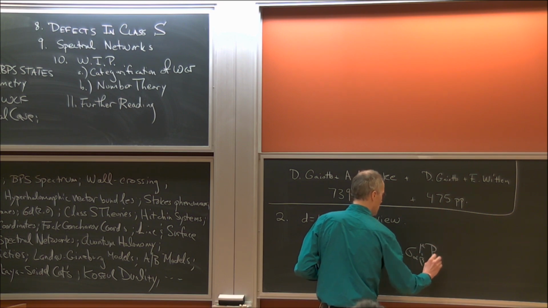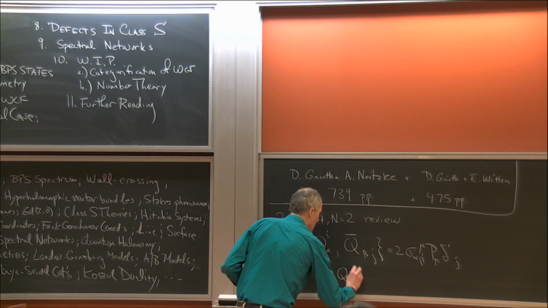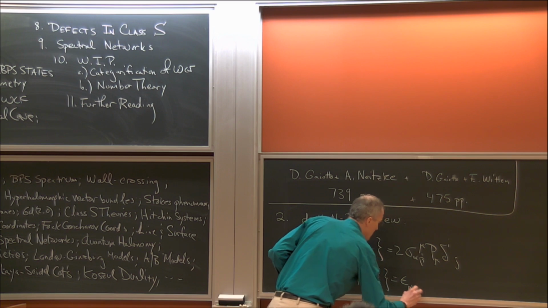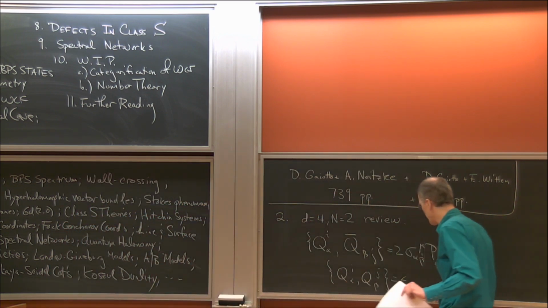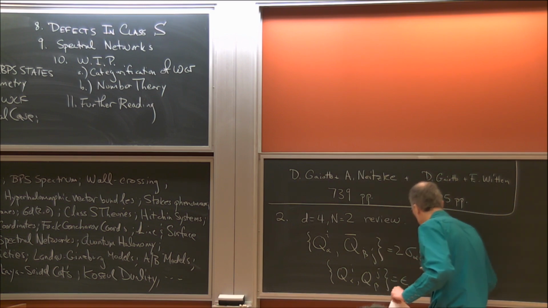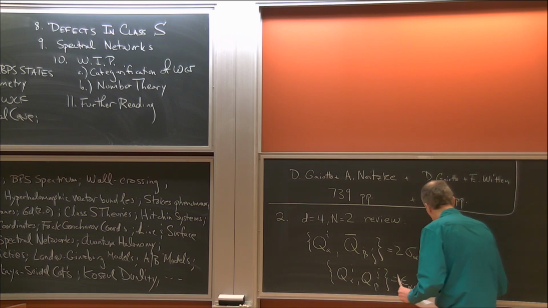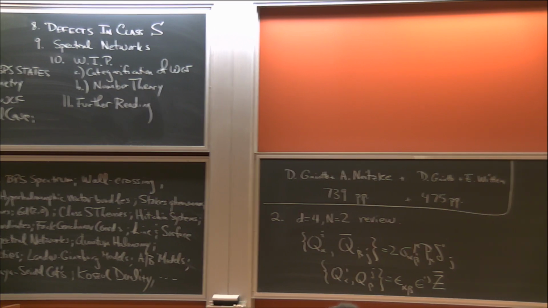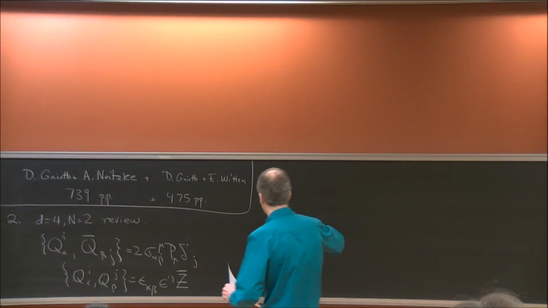We've got this algebra of operators, and then Q alpha I with Q beta J is the invariant symbol on the Weyl spinor indices, alpha beta going from 1 to 2, and the invariant tensor on the SU(2)_R symmetry indices, I and J going from 1 to 2. And then there's a central charge, and it's a good convention to put the bar there. If there's any notation you need explained, just ask me. It's all very standard.